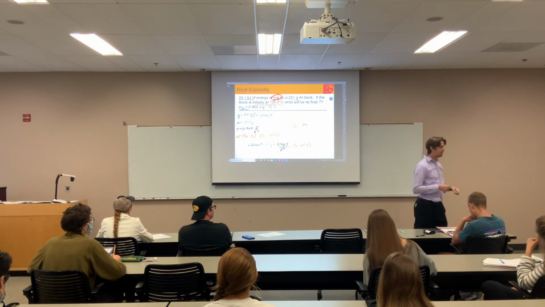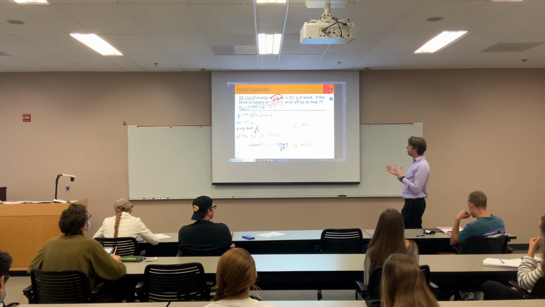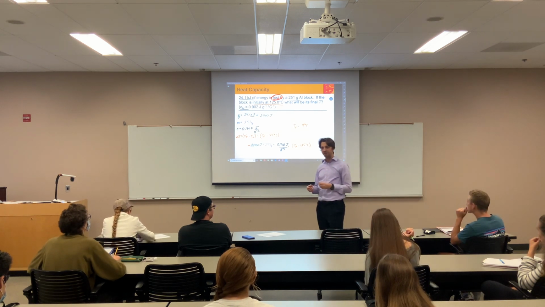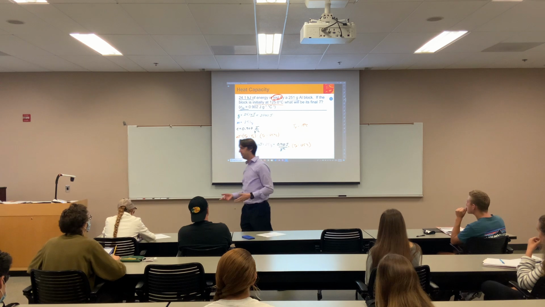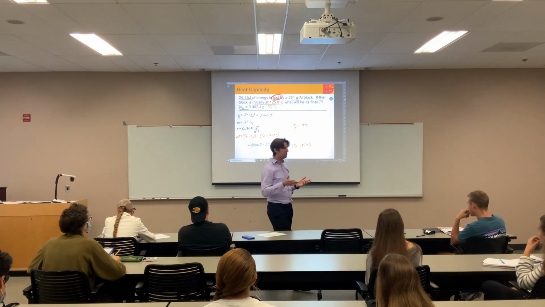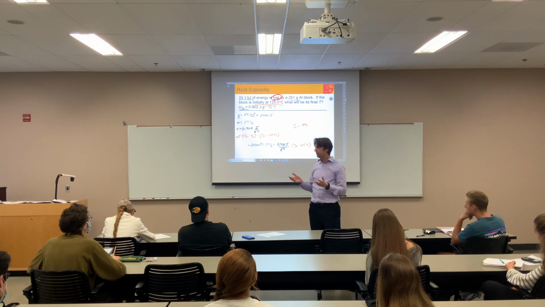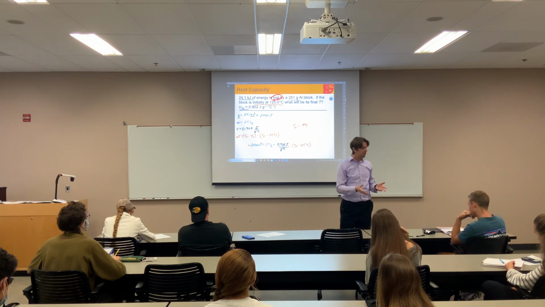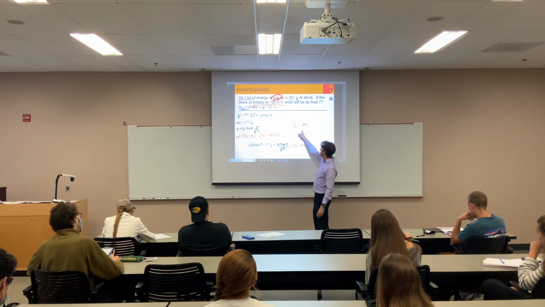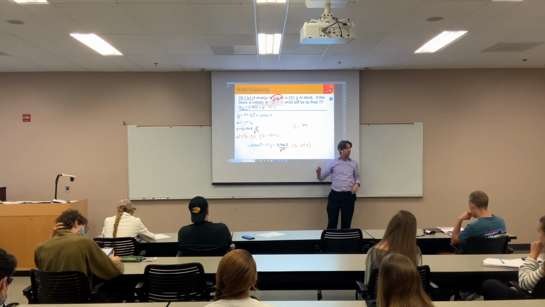Does that answer make sense? Well, my question tells me I start off at 125 degrees Celsius, and I lose energy. Remember, what's energy really a measure of, or how do we measure energy most commonly? Temperature, right? So if I'm losing temperature, my final temperature better be lower than what I started out with, okay?